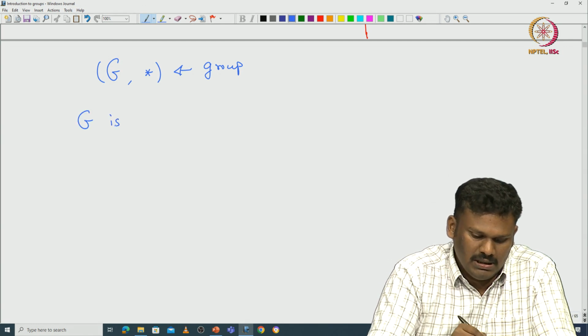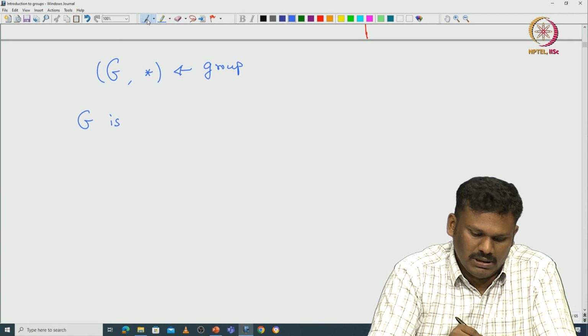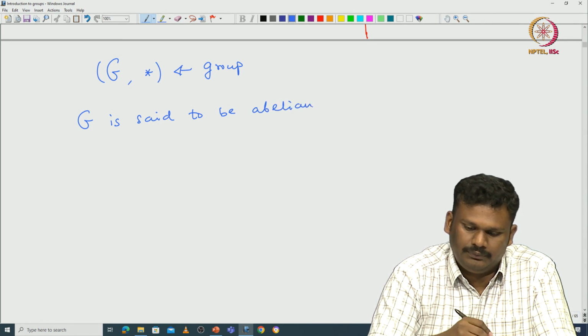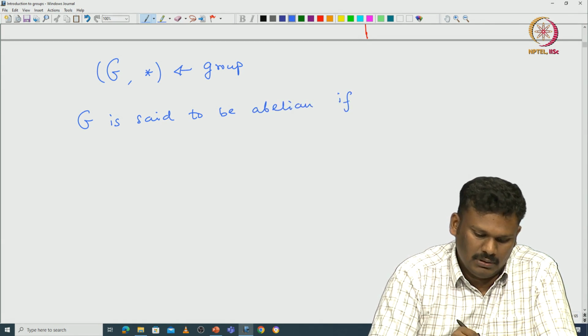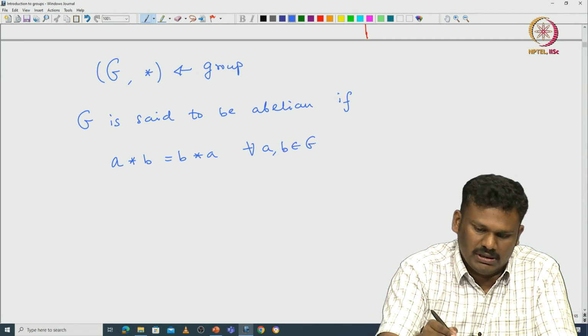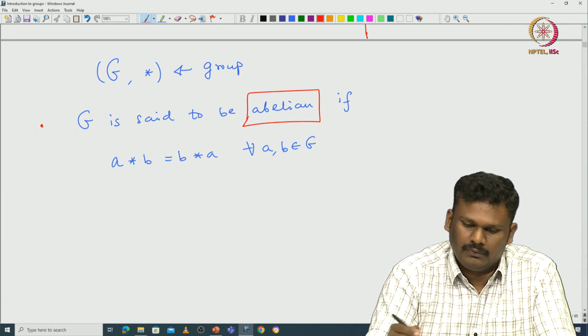And G is said to be abelian if a * b is the same as b * a for all a, b in G. This is the definition of abelian groups.